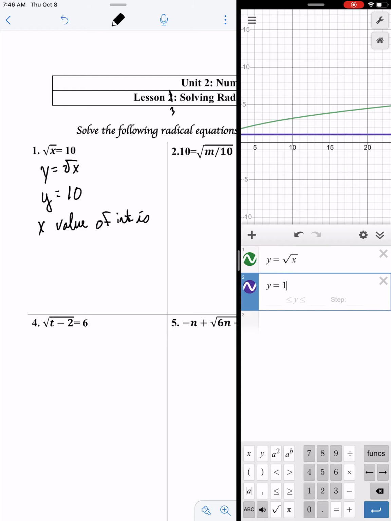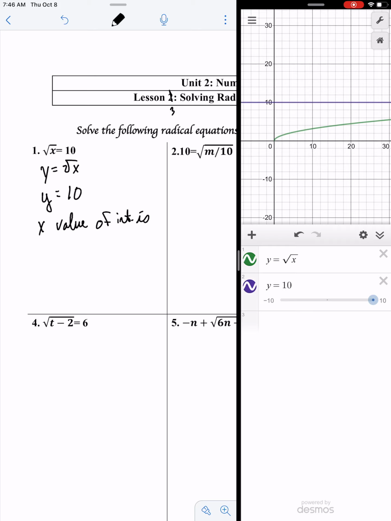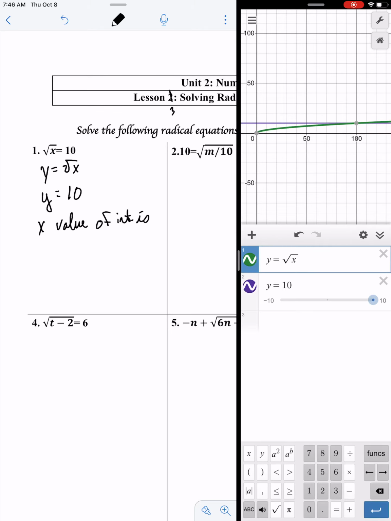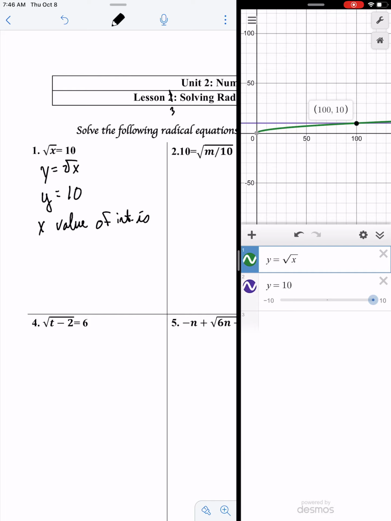All right, then you just zoom out until you see where they cross. If you click your cursor back on the equation you typed in, Desmos even put the dot there for you. And again, it's 100. So not a ton of math involved here.